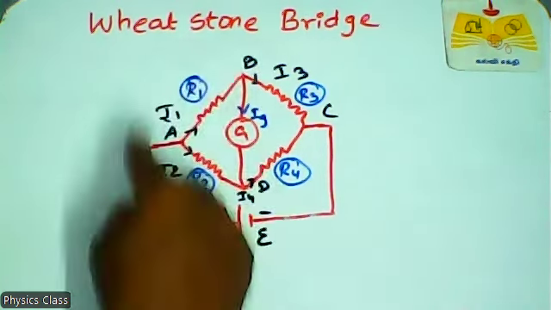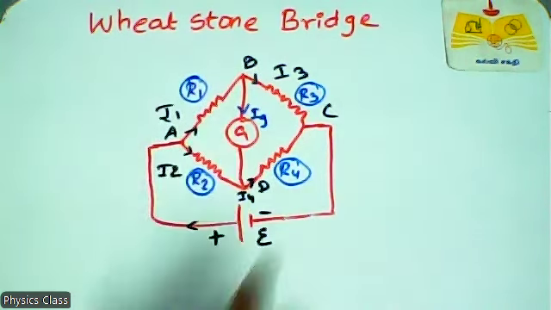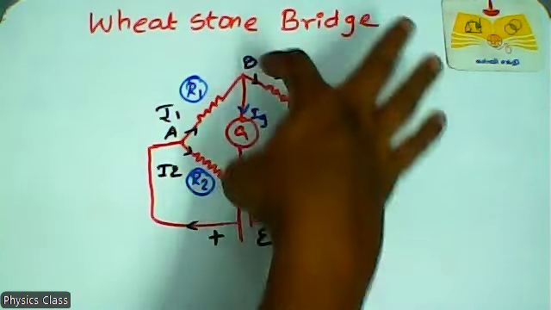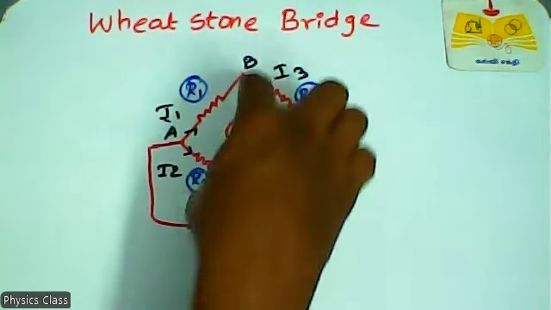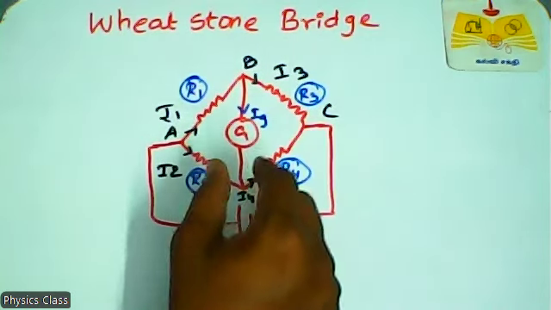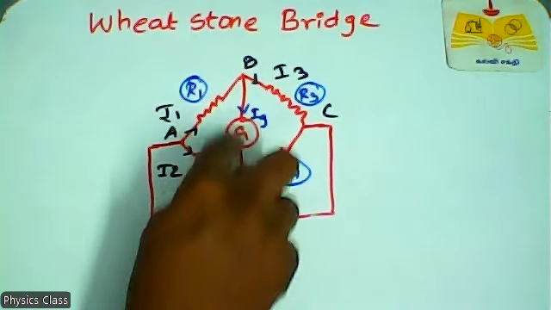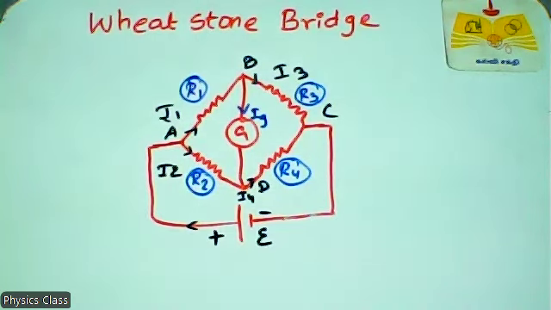It has four resistors R1, R2, R3, R4, and the battery is across AC. BD are the junctions, and the galvanometer is connected across the junctions B and D.